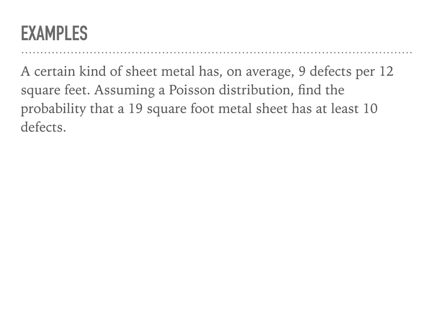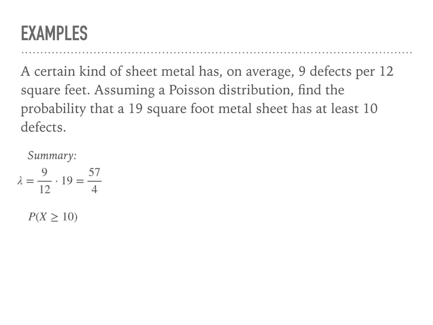Let's look at some examples. So a certain kind of sheet metal has, on average, 9 defects per 12 square feet. Assuming a Poisson distribution, find the probability that a 19 square foot metal sheet has at least 10 defects. So we need to find lambda.